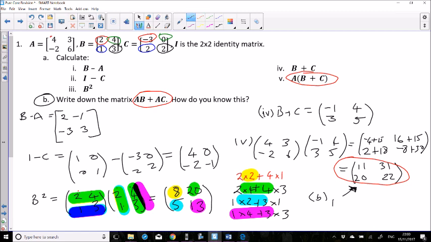And that's because matrix multiplication is distributive. Okay? You need to look up the meaning of these words like associative, distributive in your textbook, and make sure you know the properties for matrix addition and multiplication.